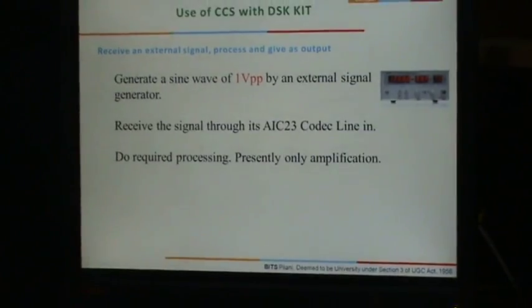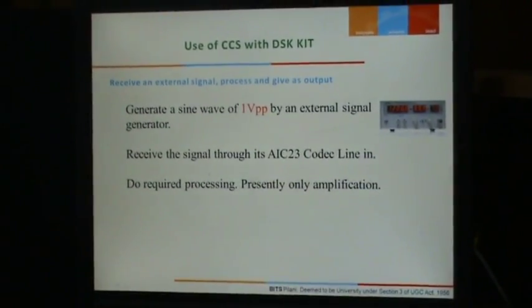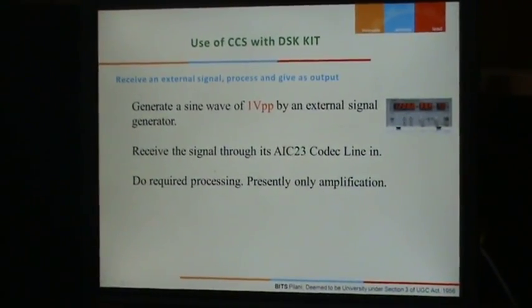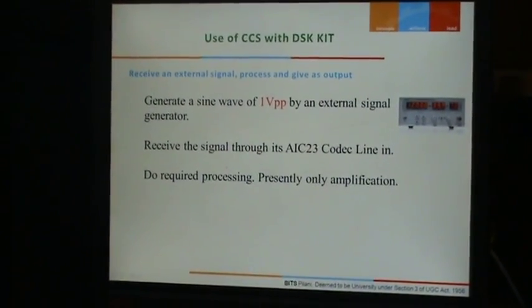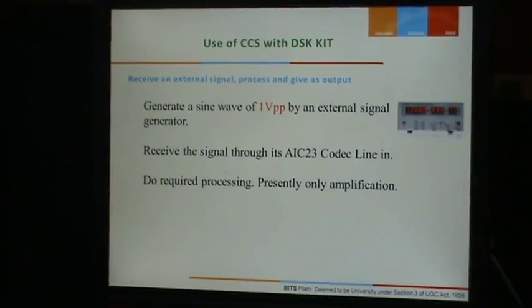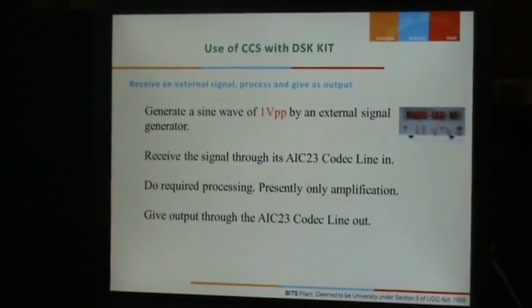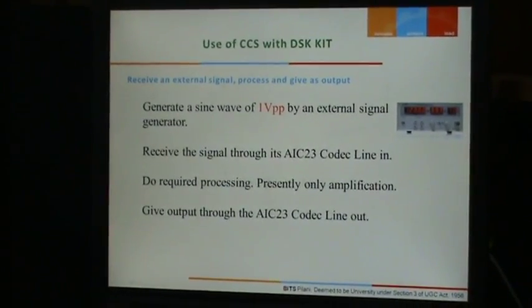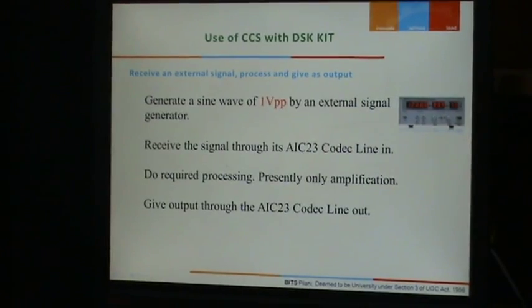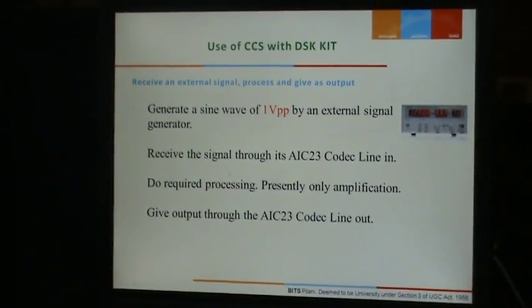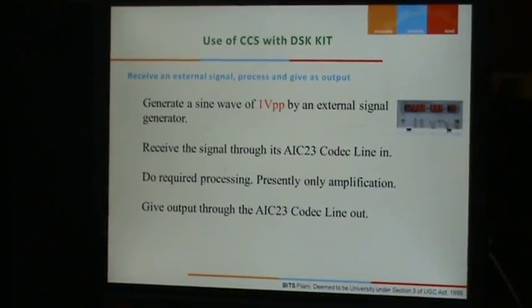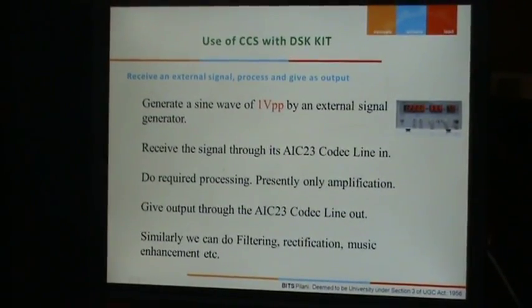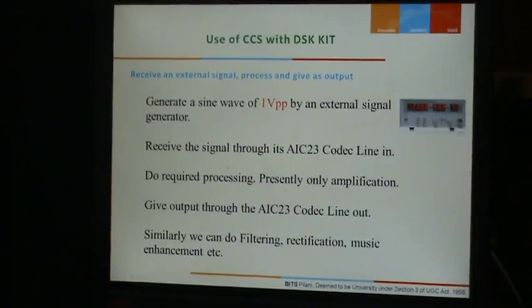Presently we will be doing amplification. You can amplify the signal by a factor of 5, 10, 15 and see how the amplified signal looks, and give output through the AIC23 codec line out. Basically we are doing only one type of processing, but you can do many types of processing, similarly you can do filtering, rectification, music enhancement.